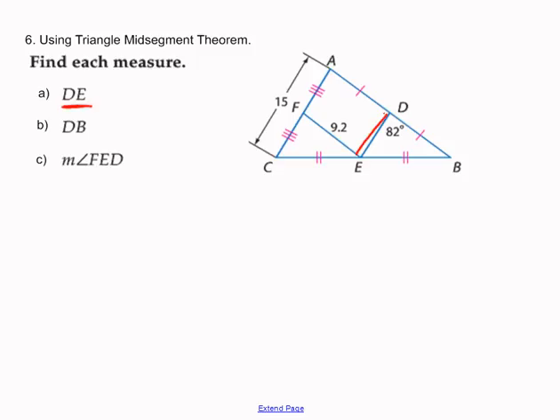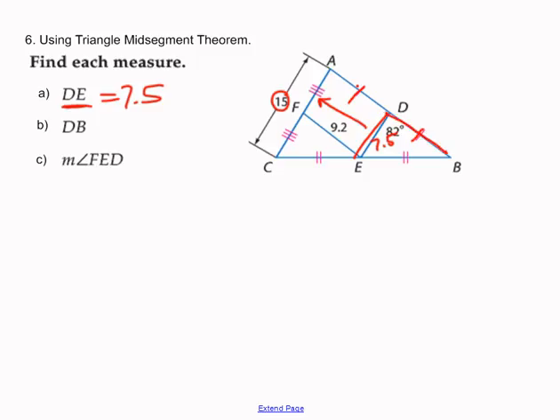Well, DE is this segment right here. Well, if it's a mid-segment, it's cut this and this in half. And if we look up here, we can tell that this segment is going to be half of 15, which is 7.5. So DE is 7.5.